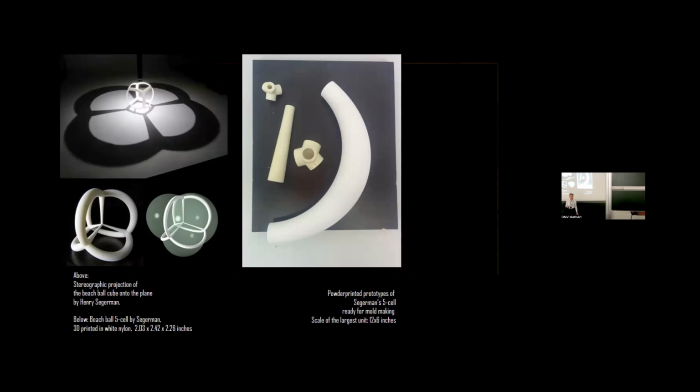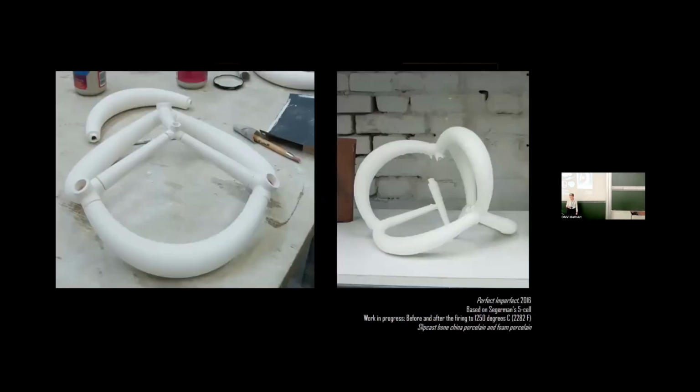I reached out to a couple of mathematicians, including Henry Segerman, who was working on this 5-cell at the time. Henry created the 5-cell in digital form, and then he printed it out in PLA on a very small scale. And I said, would you let me do this on a large scale and with porcelain?